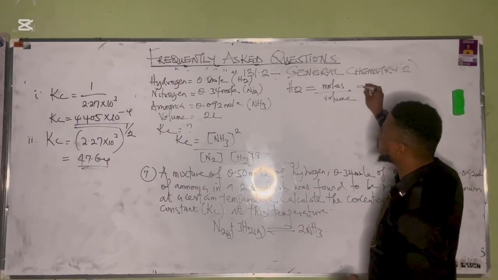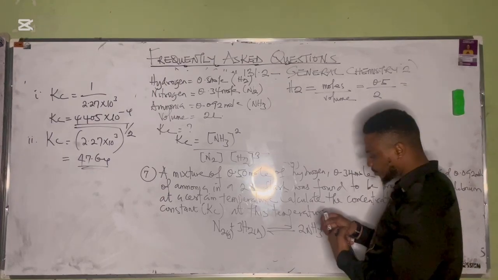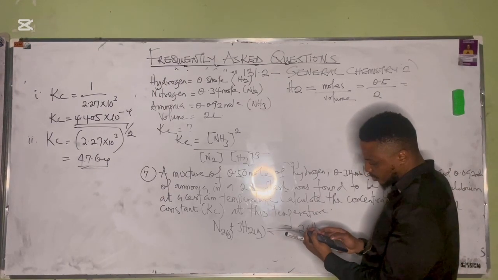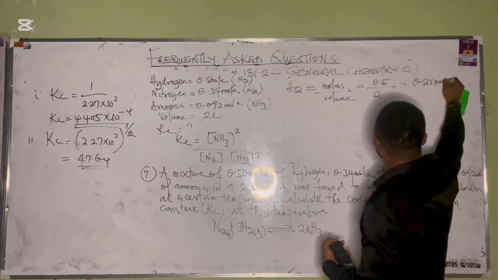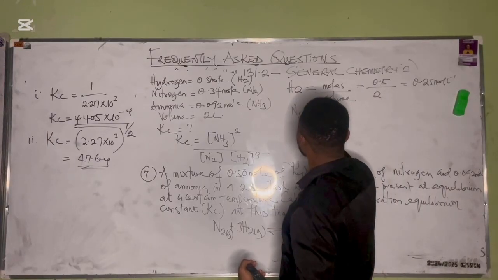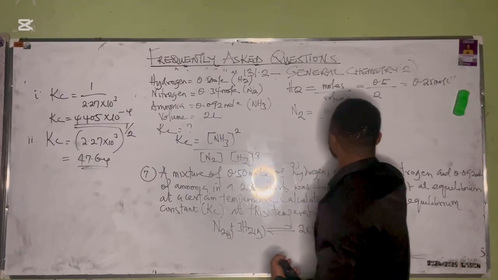Number of moles of hydrogen is 0.5 divided by 2. So 0.5 divided by 2 should give us 0.25 mole per liter. So that's the concentration.